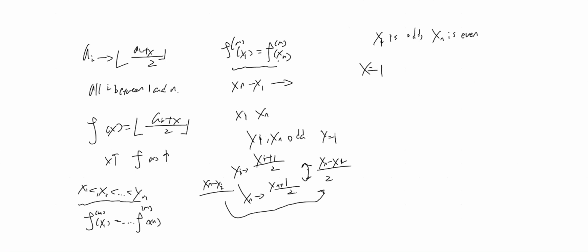So after we do an operation f, you can see f of x1 is equal to (x1 plus 1) over 2, whereas f of xn is equal to xn over 2.